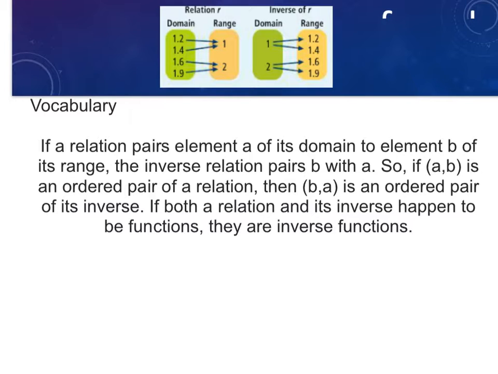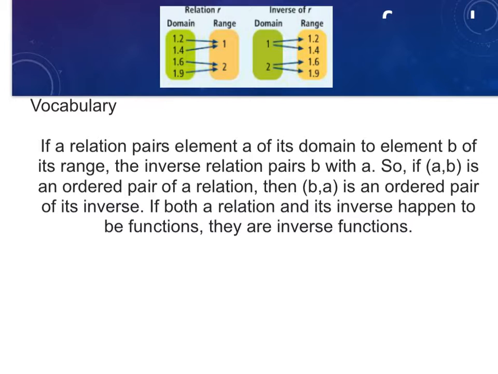If you look at the very top, there was an example from your book, and it states that you have domains of 1.2, 1.4, 1.6, 1.9, and it is a function because every element of the domain matches to exactly one element of the range.